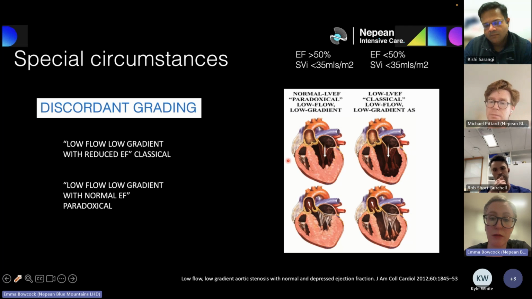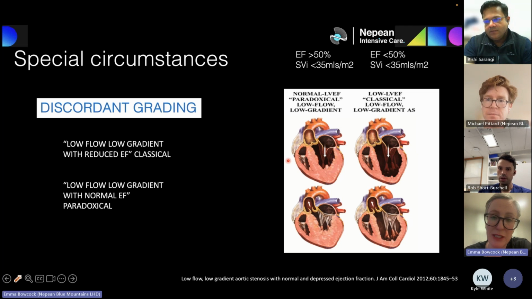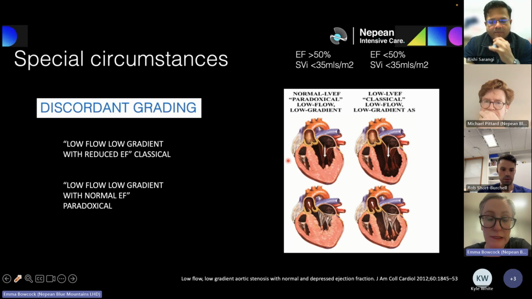So these obviously need to be seen by cardiologists and worked through that as well. Any questions about discordant grading? Because it can be a little tricky. I must admit, I find the classics a little bit easier than the paradoxicals to work through.